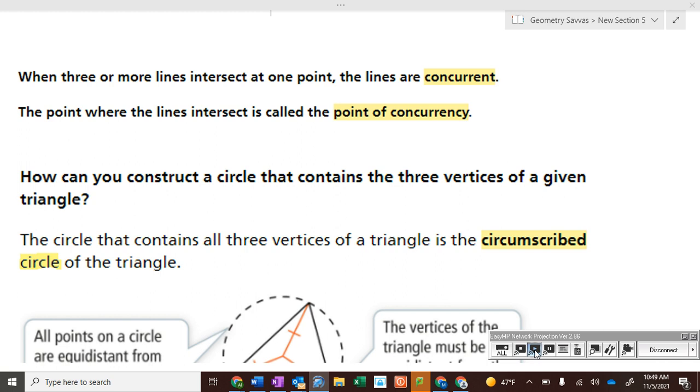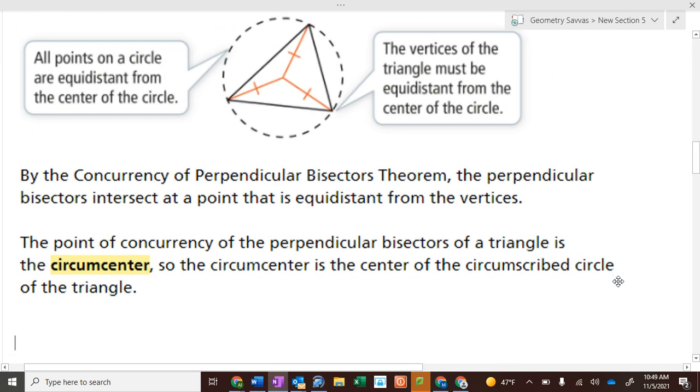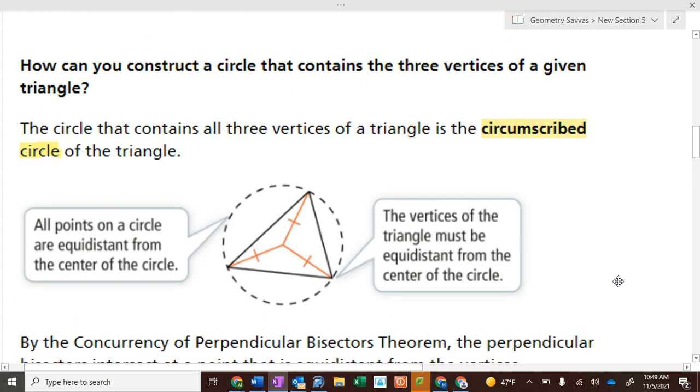Okay? All right. So, a circle that contains all 3 vertices of a triangle is called a circumscribed circle. That was your first 4 problems from yesterday. The first 4 problems on your constructions were all circumscribed circles, circles that went around the outside of a triangle.